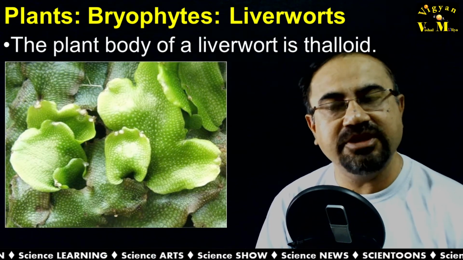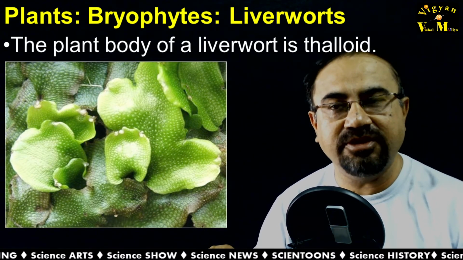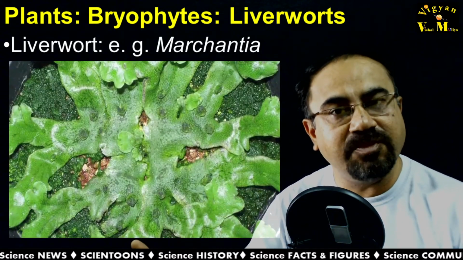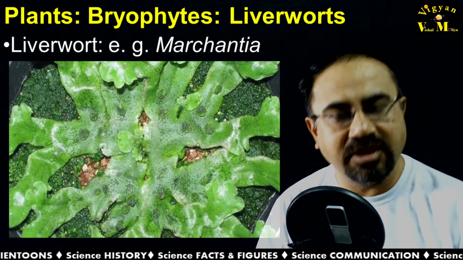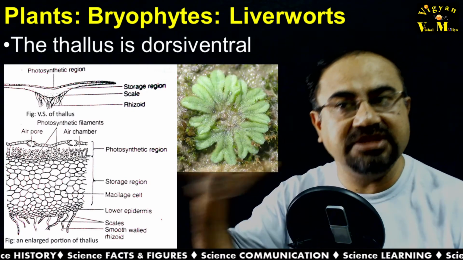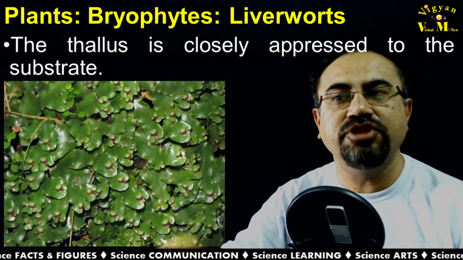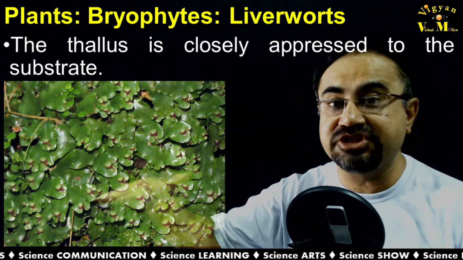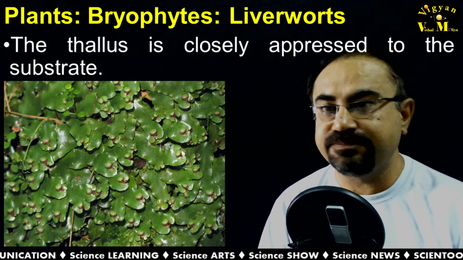The plant body is thalloid in nature, and this can be best exemplified with the help of Marchantia. Marchantia is the best representative of liverwort. The thallus is dorsoventrally flat, so we can say it is dorsiventral, and it is closely attached to the substrate because it forms a mat like structure covering the soil.